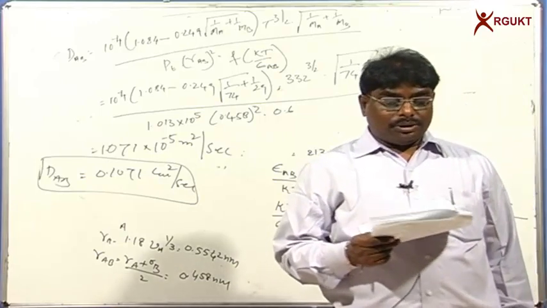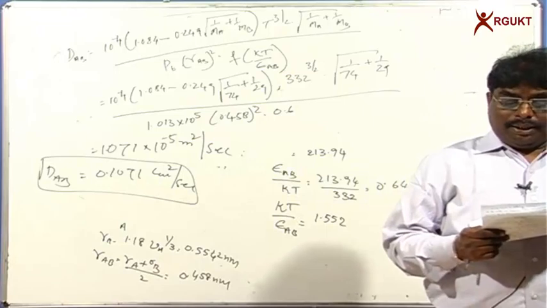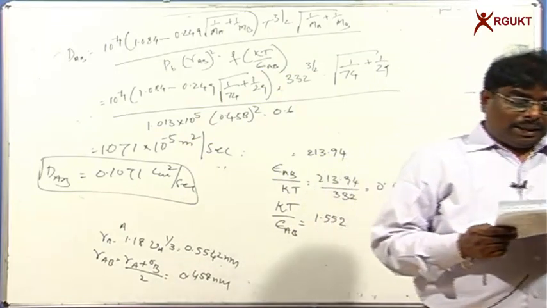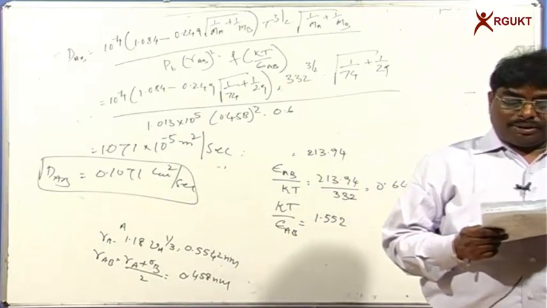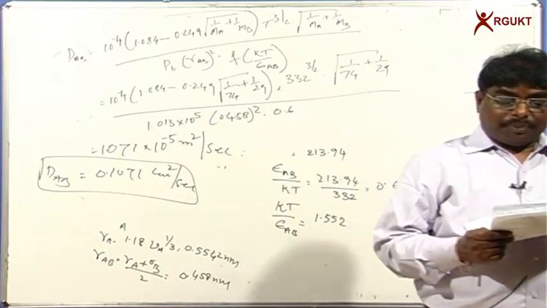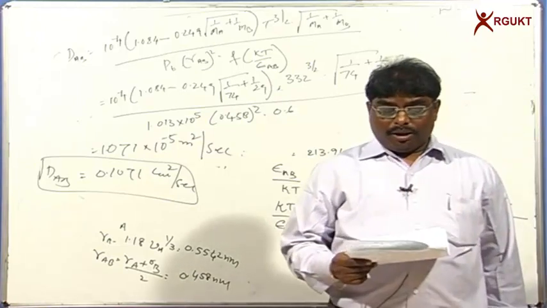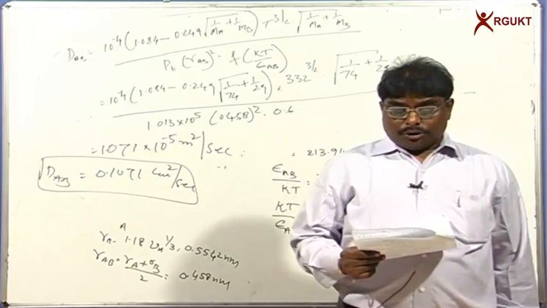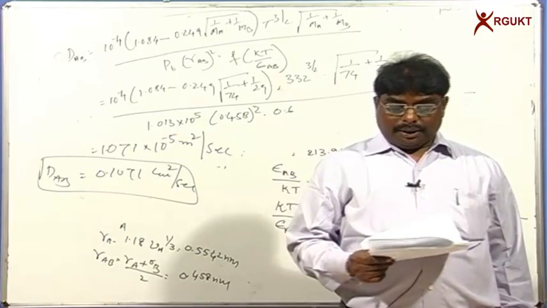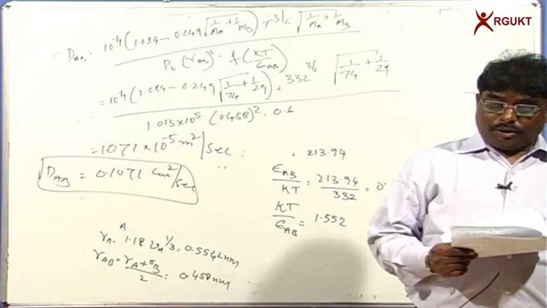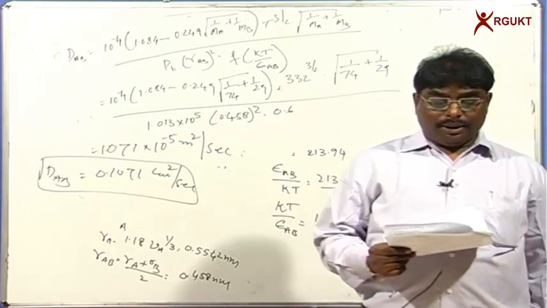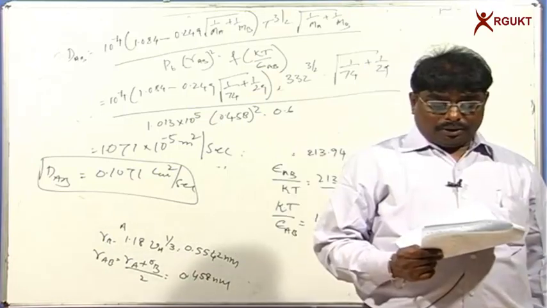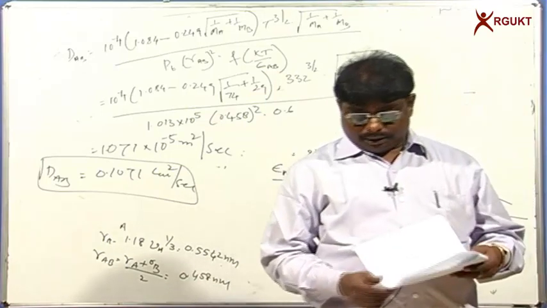Estimate the diffusivity of mannitol in a dilute solution in water at 20 degrees centigrade. Compare with the observed value of 0.56 into 10 power minus 9 meter square per second. Mannitol molar volume at normal boiling point temperature is 0.185. Association factor for water is 2.26 and the solution viscosity is 1.005 into 10 power minus 3 kg per meter per second. Viscosity of water is 1.005 into 10 power minus 3 kg per meter per second.